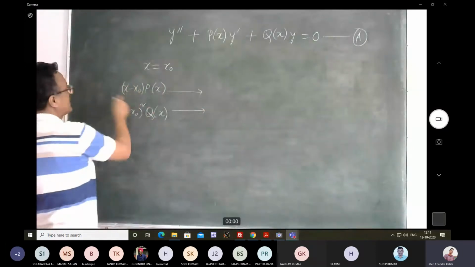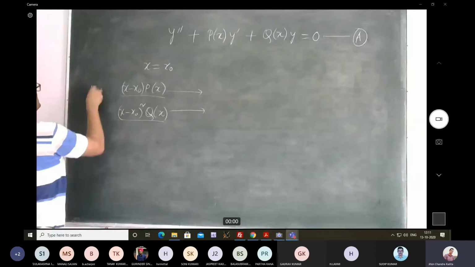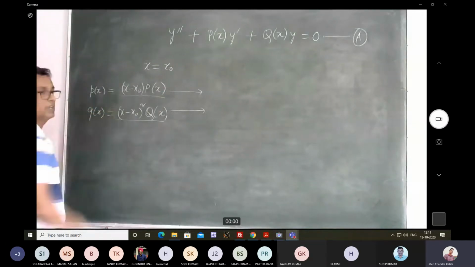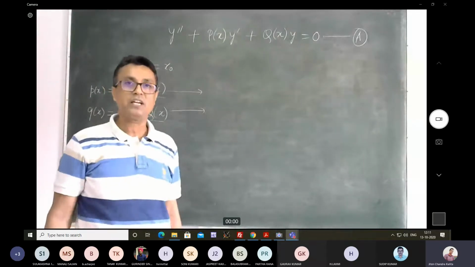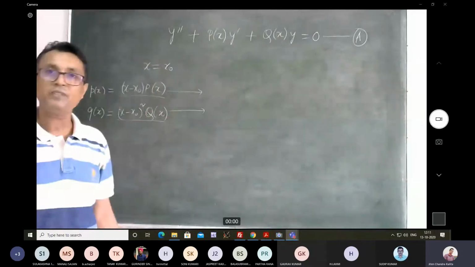Okay, so basically, if these two expressions, small p(x) and small q(x), are analytic about the point x equal to x naught, we say that x naught is a regular singular point for this given differential equation, right?